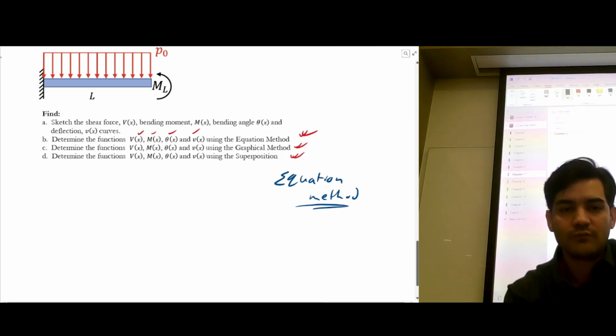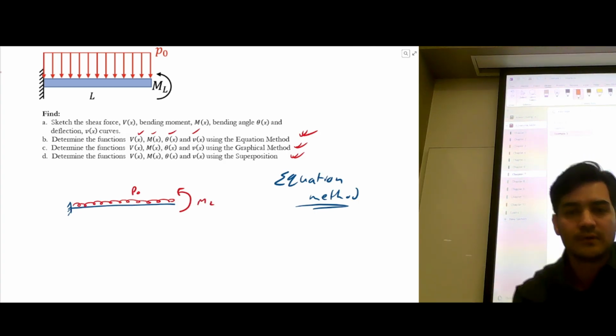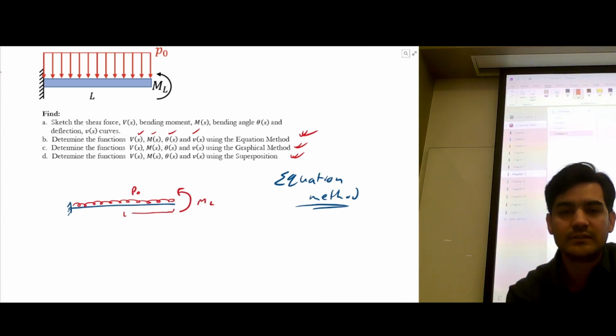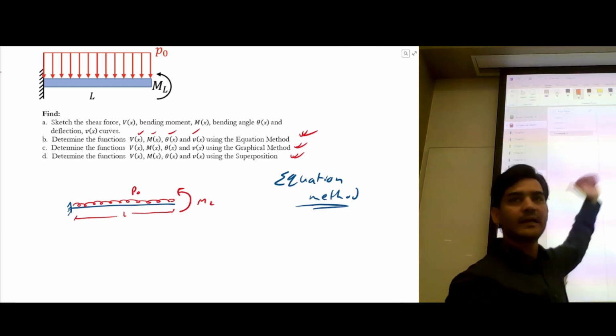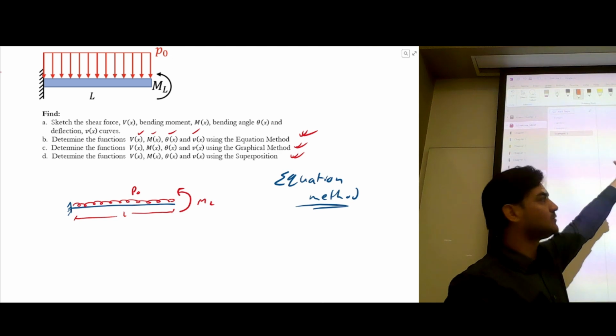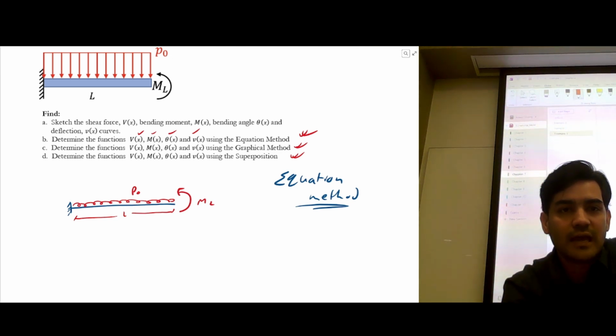The first step is to draw a free body diagram, right? So this is a uniformly distributed load P naught, and you also have a moment which is called ML, and the distance is length L. The first step in the equation method is to calculate the reaction. You can use equilibrium equations to calculate it.